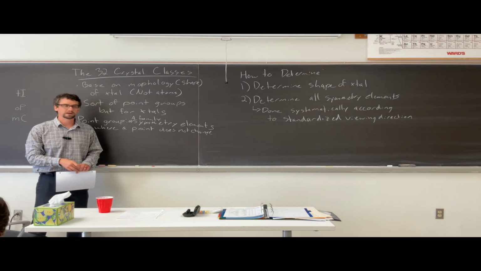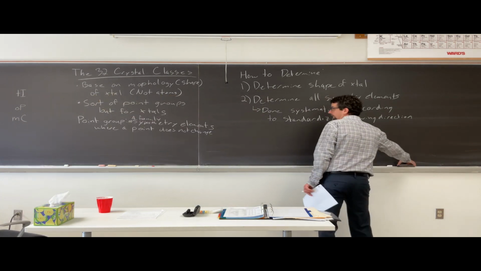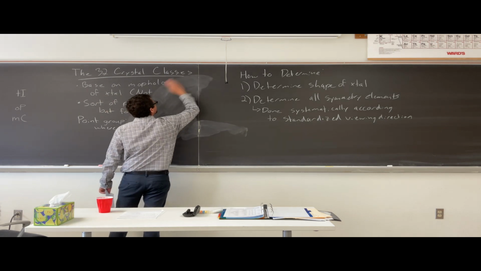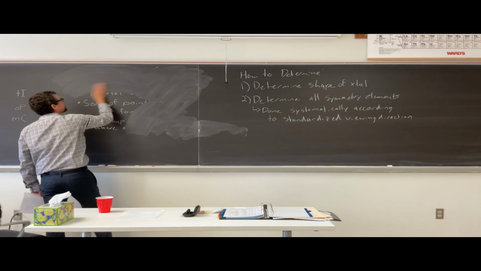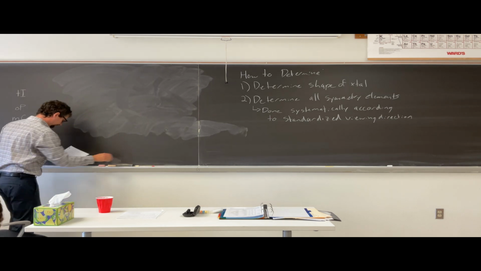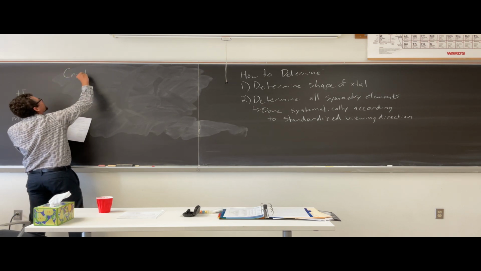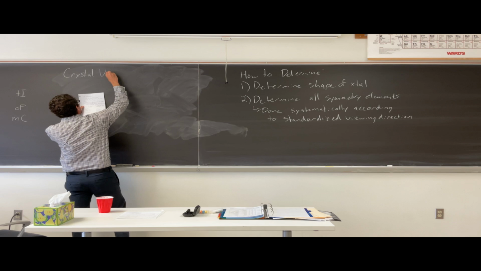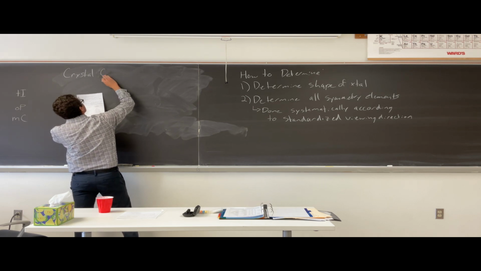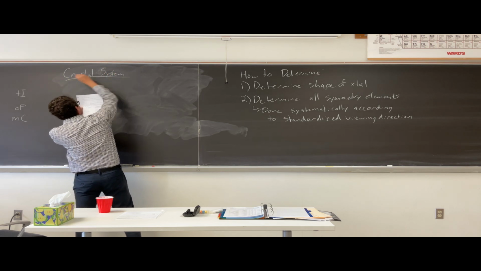We've elected to pick a specific direction that we look down, to call that the standard viewing direction. I'm going to give you a table with some of this in here. Oops, we've got our crystal class. Actually, we'll say crystal system. It's better.